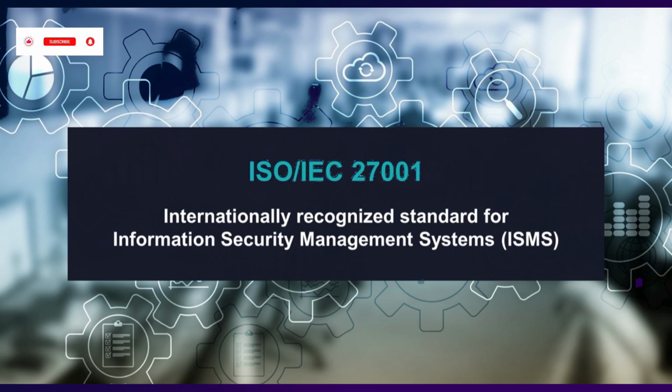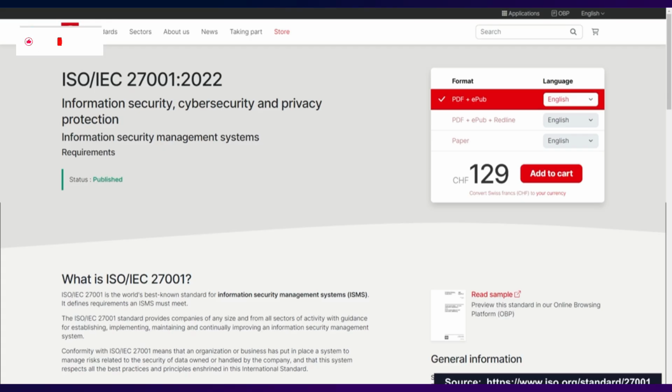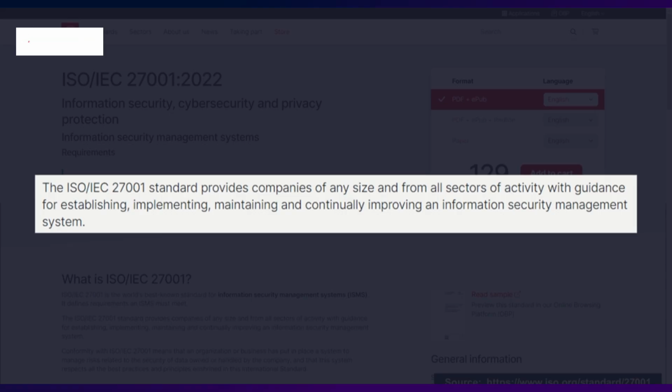The ISO 27001 is designed for the Information Security Management System, ISMS. If you go over to iso.org and look at the standard, you will see right here that it says the ISO IEC 27001 standard provides companies of any size and from all sectors of activity with guidance for establishing, implementing, maintaining and continually improving an information security management system, or ISMS.